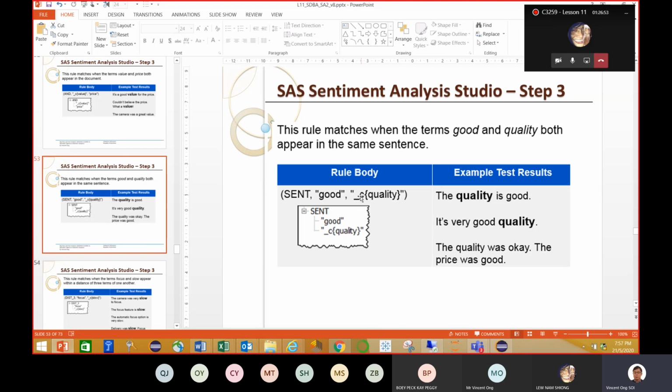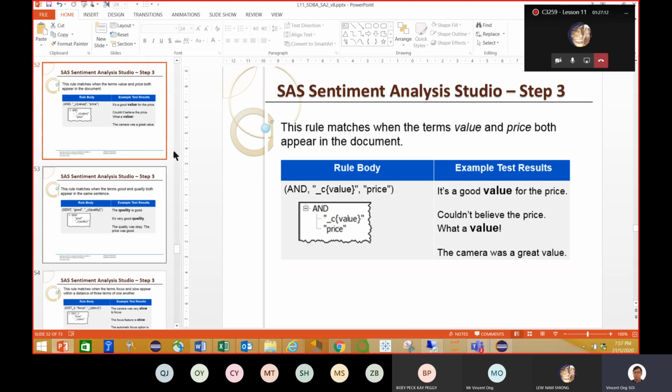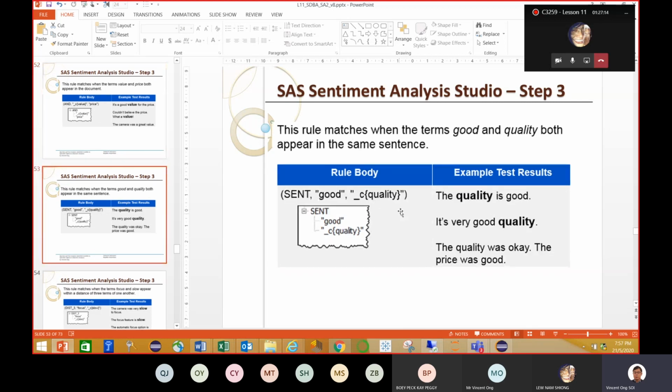So this one here means the same sentence. This is a classifier rule, and this is a concept rule. These two words must appear in the same sentence, not the same document. "The quality is good."